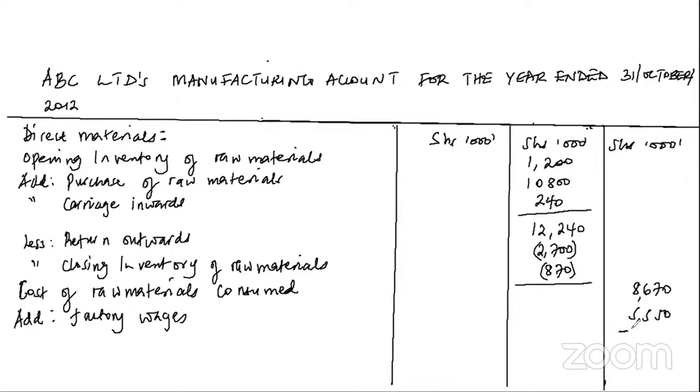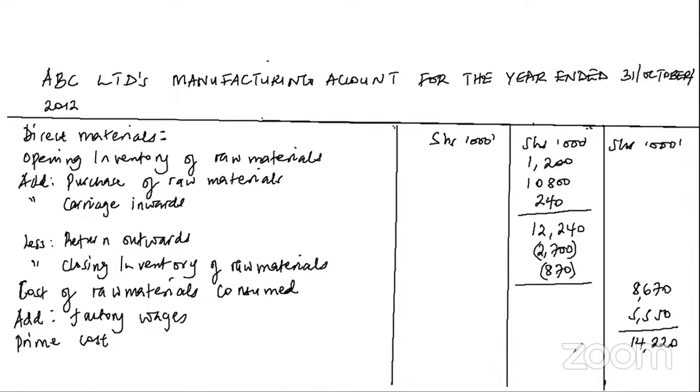When we add this to the cost of raw materials consumed during the manufacturing process, we come up with what we call the prime cost. And your prime cost in this case is 14,220. That is your prime cost figure.